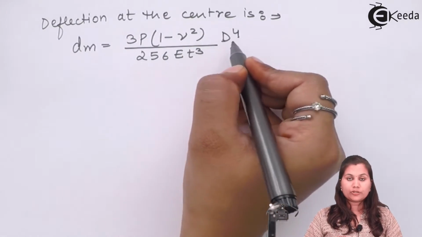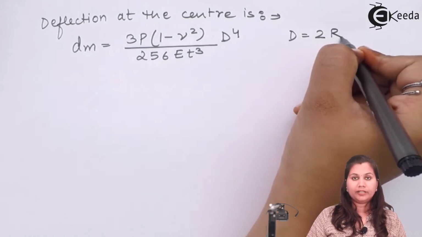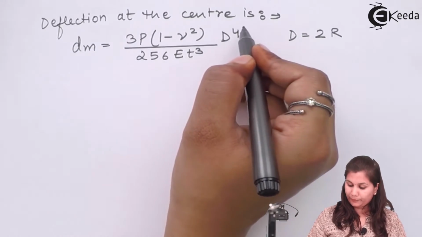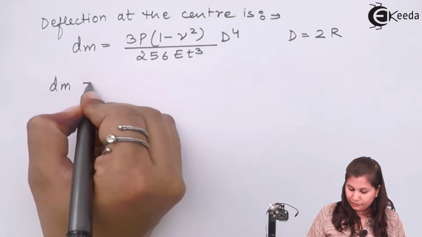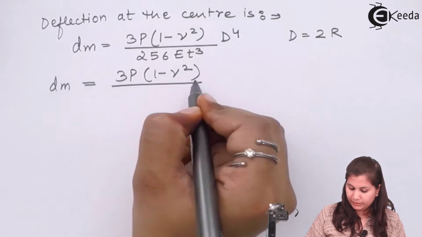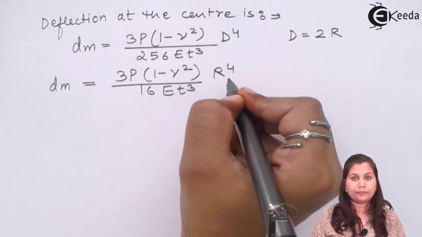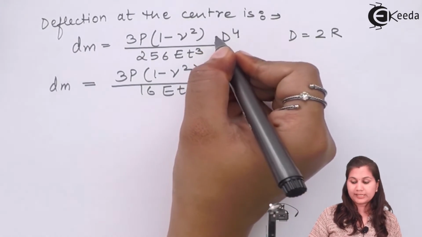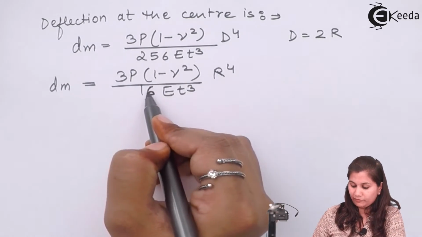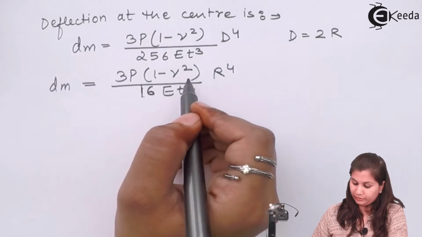Now d is the diameter, so if we write it in terms of the radius, diameter is equal to twice the radius. So here we are going to write (2r) raised to the power 4. In that case, the deflection will become 3p (1 minus v square) upon 16 E t cube, r to the power 4, because 2 raised to the power 4 is 16, and if we divide 256 by 16 we will get 16. So this is the deflection at the center, dm.